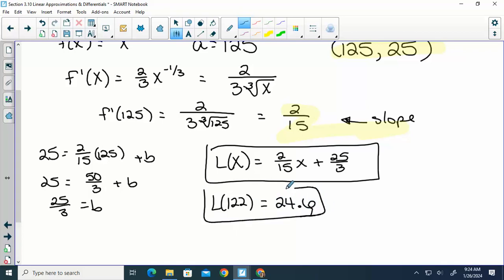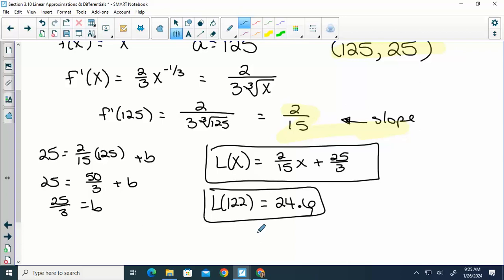So that is our best guess. Why did I put 122 in instead of 3? Oh, because in the other equation, it was like an x plus 3, not just a square root of x. So because our function itself was just x to a power, we didn't have to adjust it.